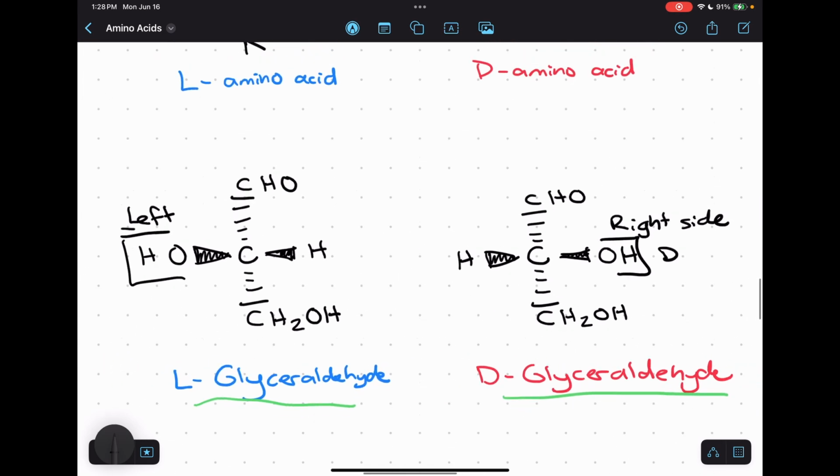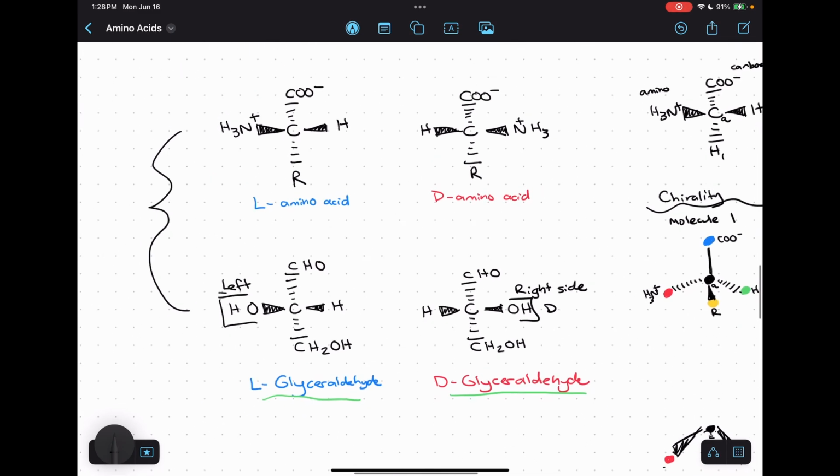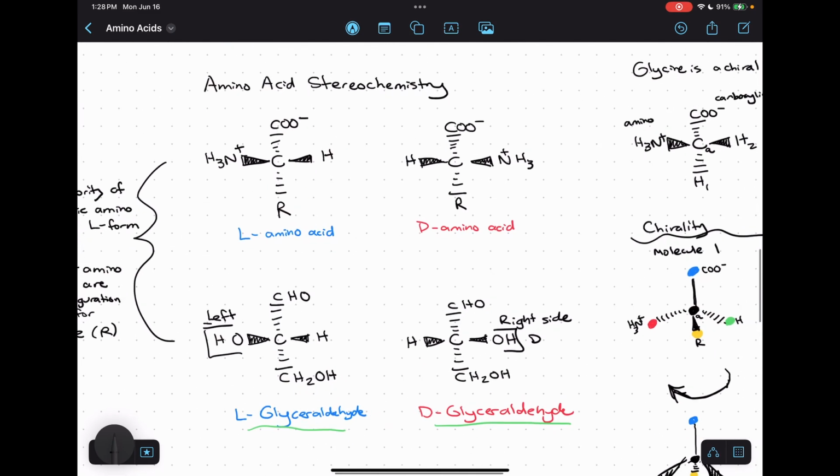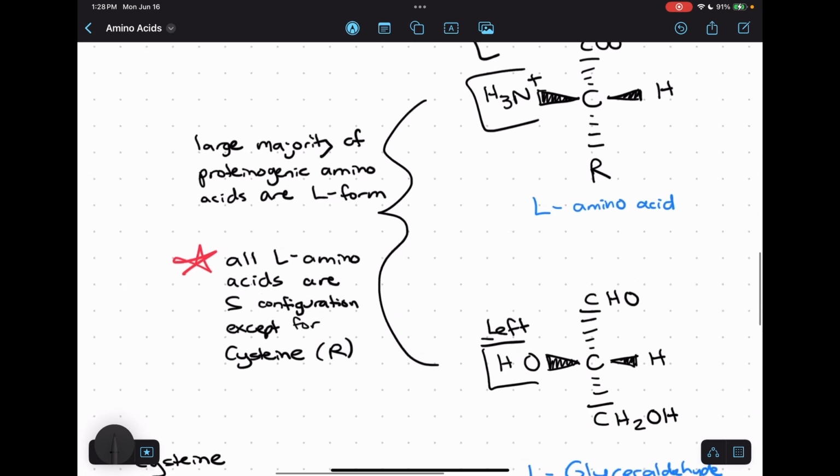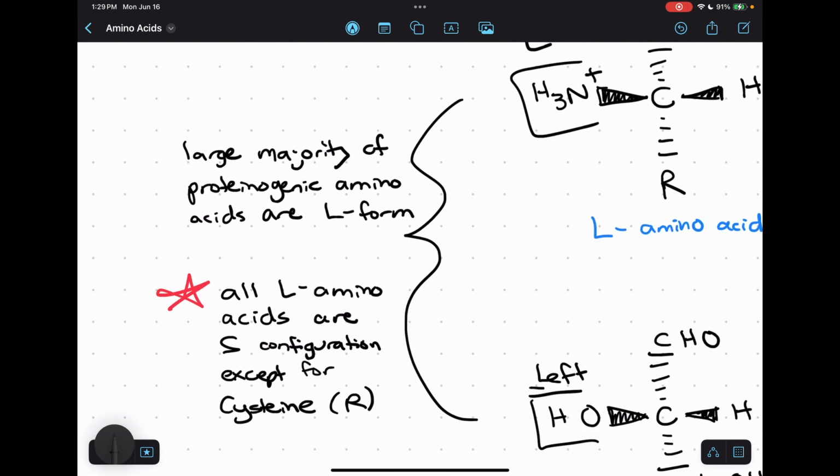And when we line up the amino acids to be in line with the arrangement of glyceraldehyde seen here, we have the amino group on the left side here, and then the amino group on the right side here, which we notate as D. And based on this similarity, we know that the large majority of the proteinogenic amino acids are of the L form.